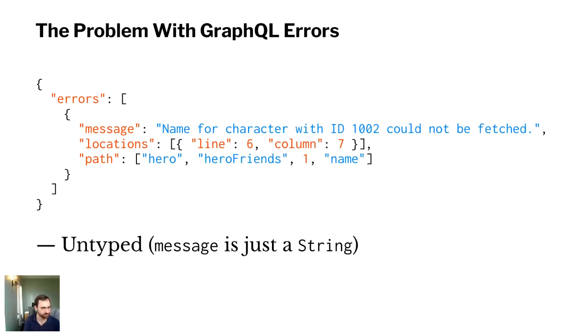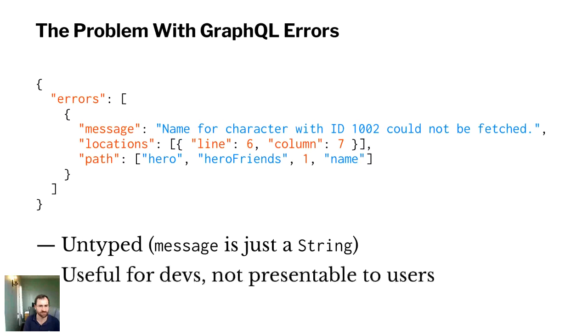And ultimately, you can look at the path, you can try to associate which field caused a particular error with a message, but it's just a string. So you're scraping data off of that string and trying to create structured data from it. It's a very limited thing. So in general, GraphQL errors are very useful for developers, but they're not presentable to users.